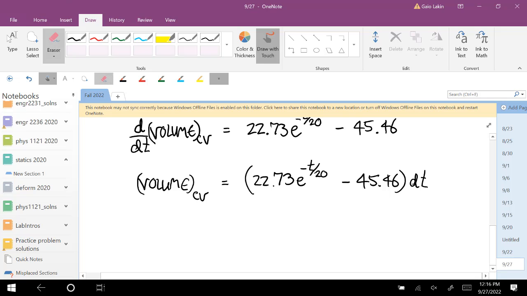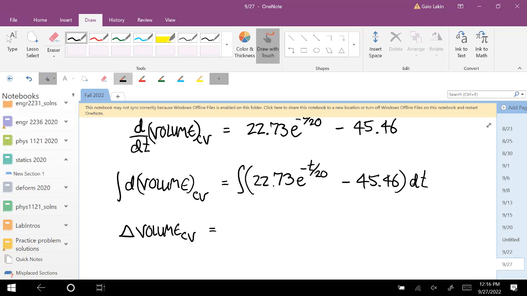I guess this should still be d. Now we can integrate both of those sides, and you get the change in the volume. If you integrate this, you get, I should have brought a calculator.